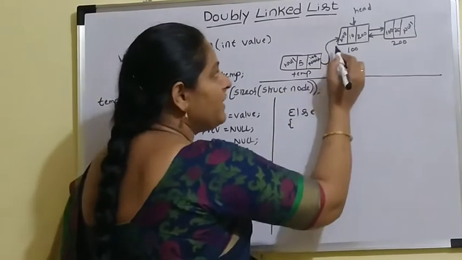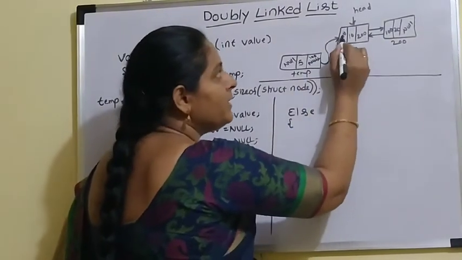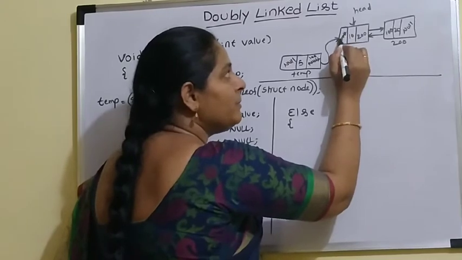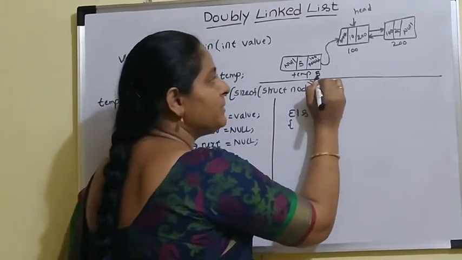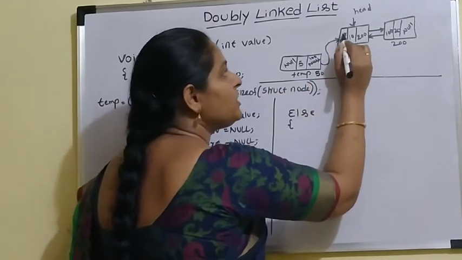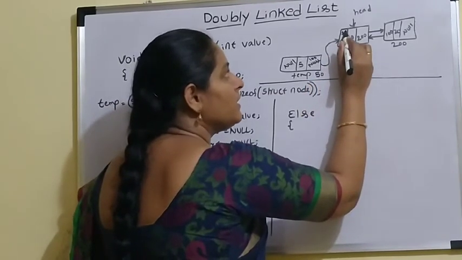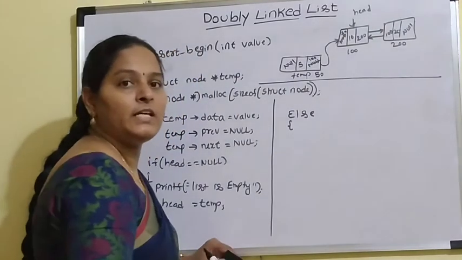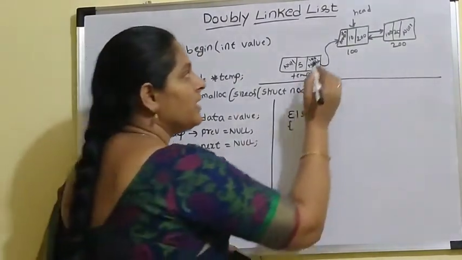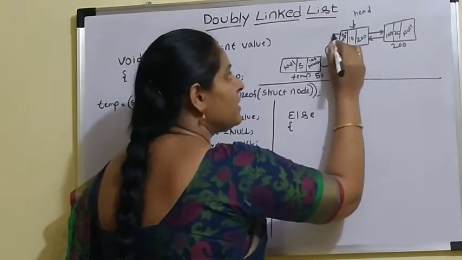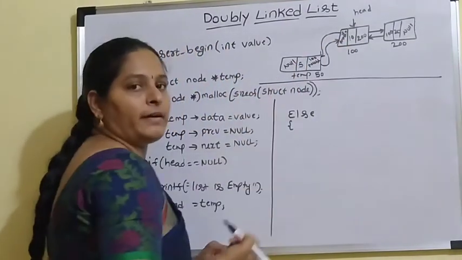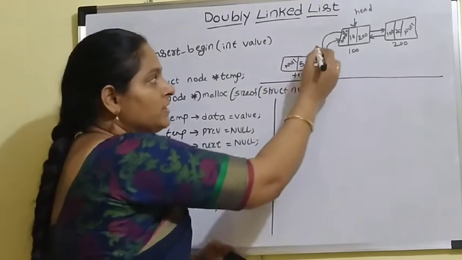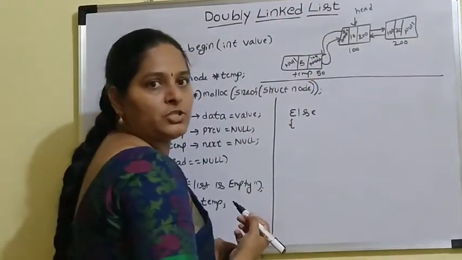And if you insert temp before head, previous of head will be replaced with the temp address. Just assume that if your temp address is 50, that 50 should be there in the previous part of the head node. If you store 50 in the previous part, automatically the connection will be established between head and temp node. These are the two links we need to establish.